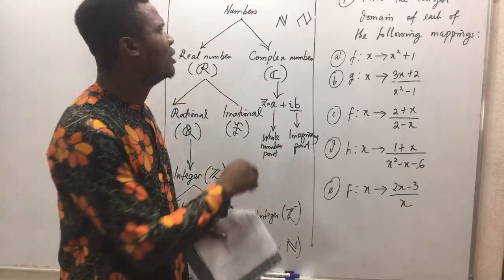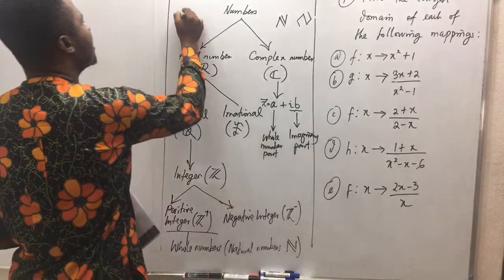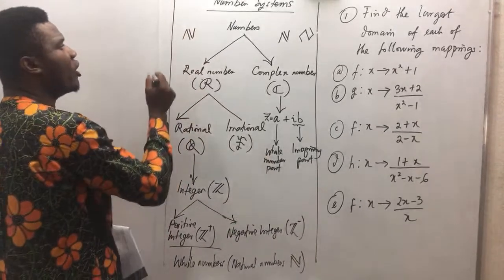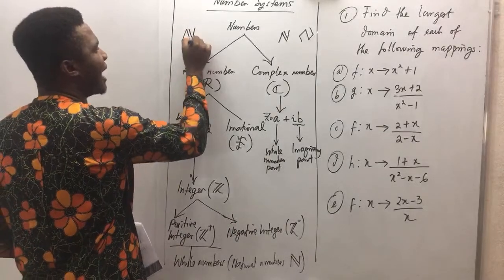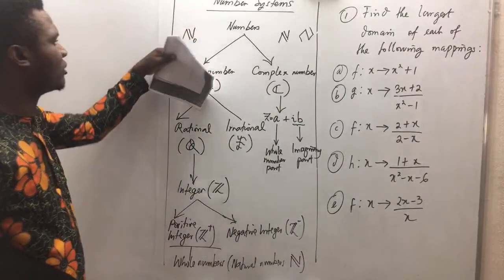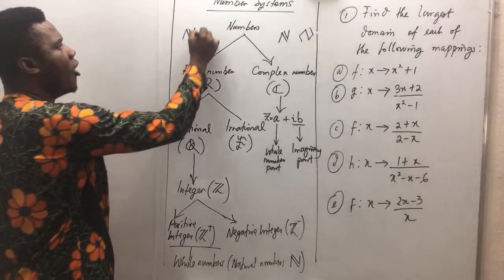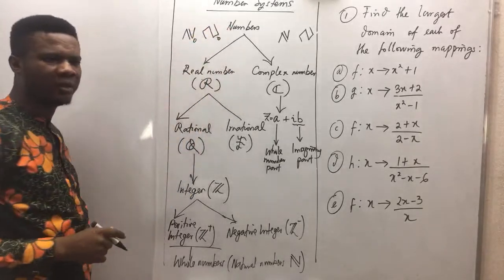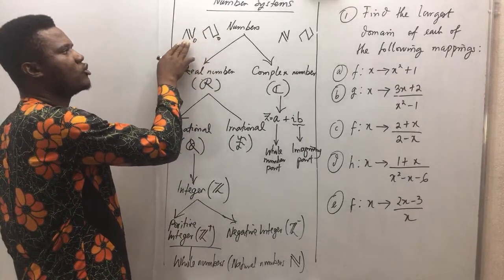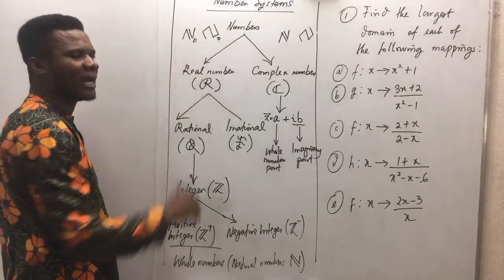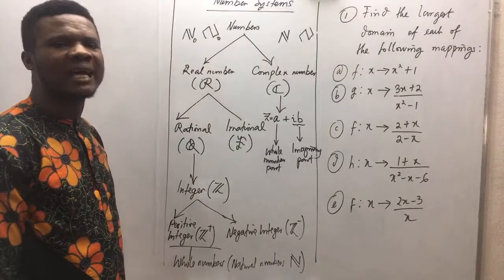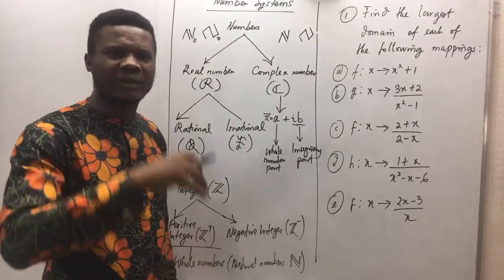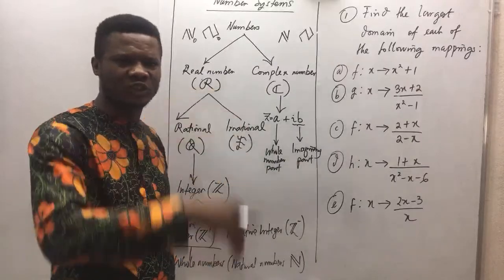Now, if you are talking about a set of natural numbers that includes 0, that number system will be denoted by this, or Aleph null. When you see Aleph null, or this type of N with a 0 at the bottom, it means the natural number system being discussed is one that contains 0, that recognizes 0 as a natural number.